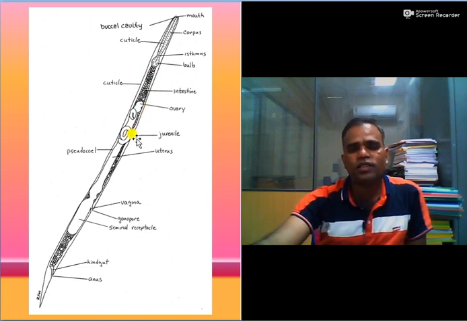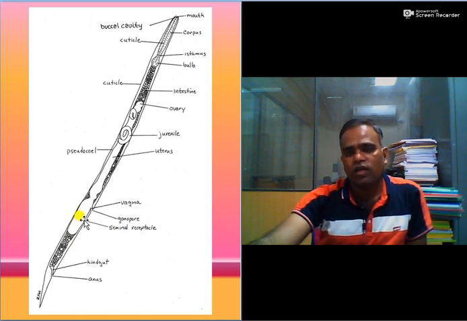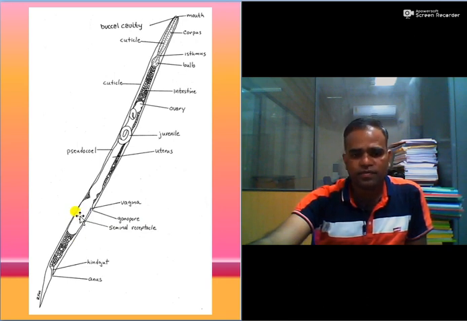Juveniles are also present here. Vagina, gonopore. The word is gonopore. So gonopore is nothing but the vulva. Seminal receptacle, or we may call it spermatheca. So here is hindgut, where there is presence of anus.